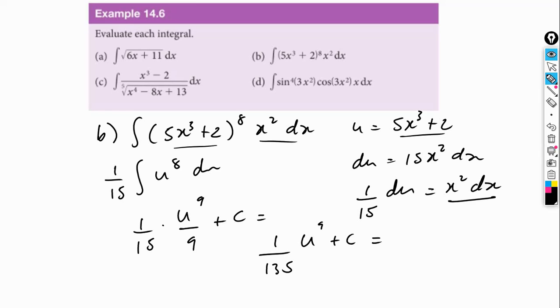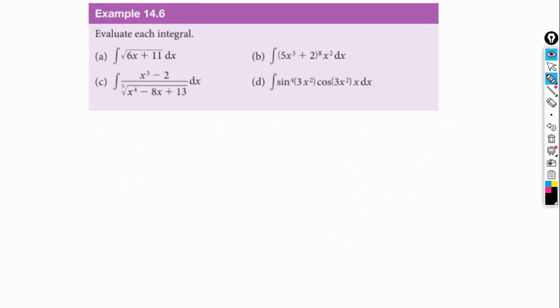Then we just substitute back in, so we're going to get finally 1 over 135 times (5x cubed plus 2) to the 9 plus c.